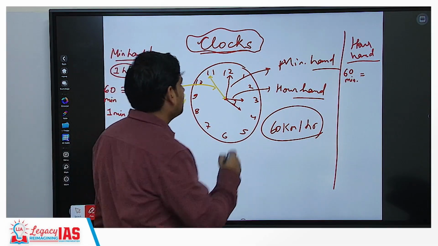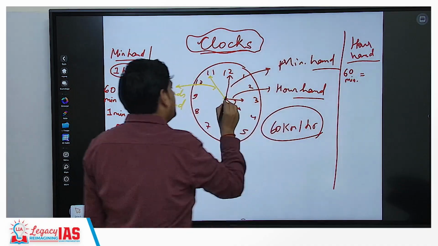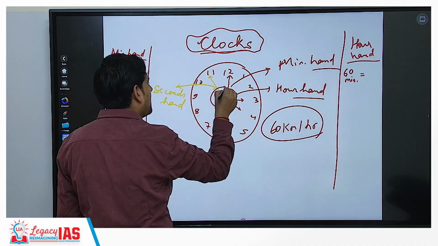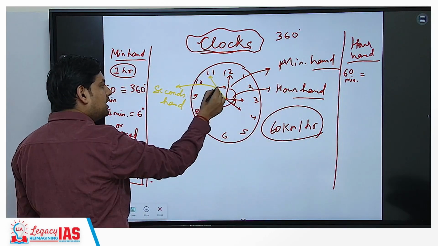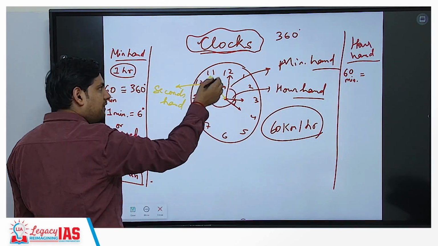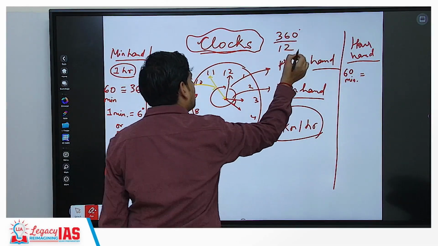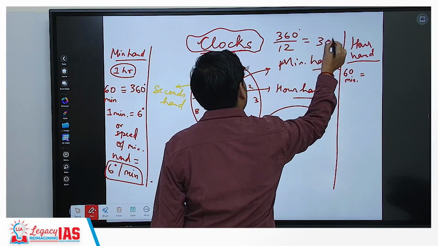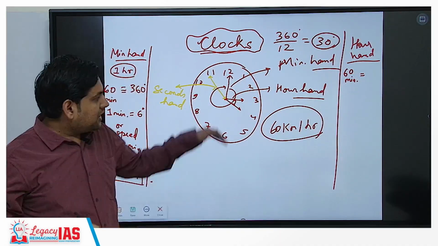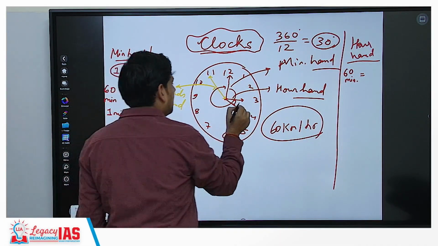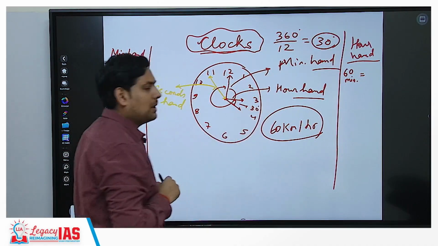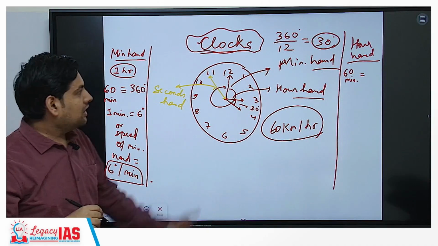Now, you see, this entire thing starting from here to back to here is 360 degrees. Now, this entire thing is divided into 12 equal parts. So, divide by 12. This gives you 30 degrees. That means the gap between 3 and 4, or 4 and 5, or 5 and 6, is 30 degrees. Correct? So, this becomes 30 degrees.